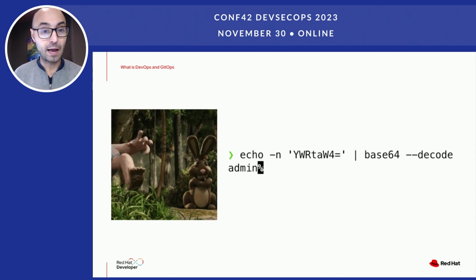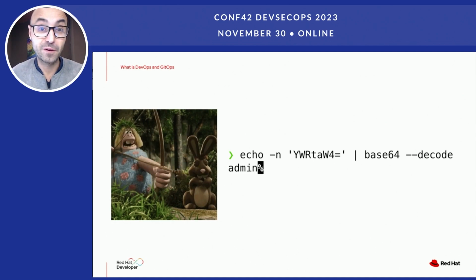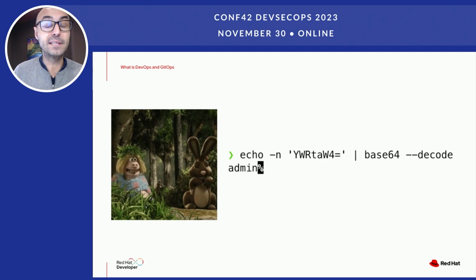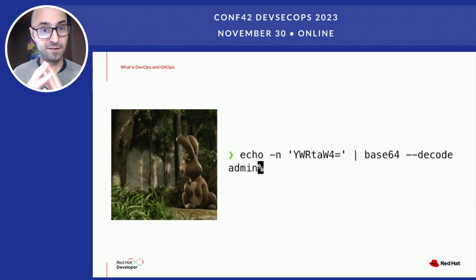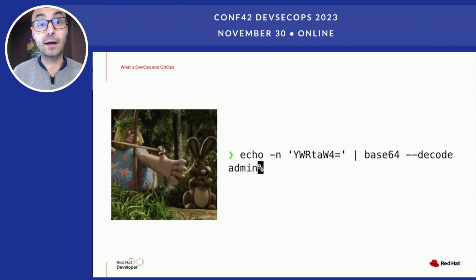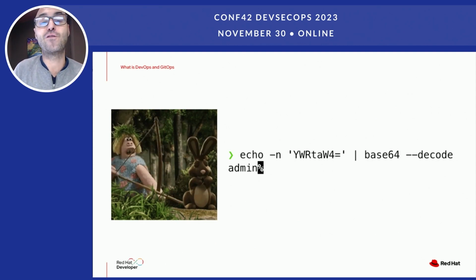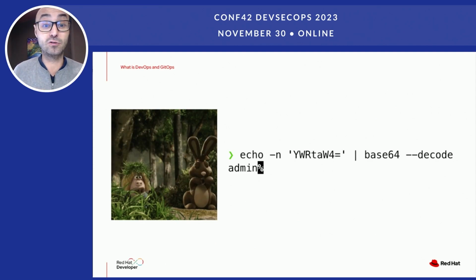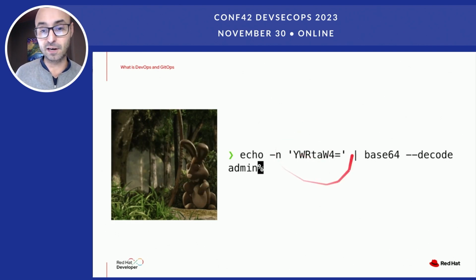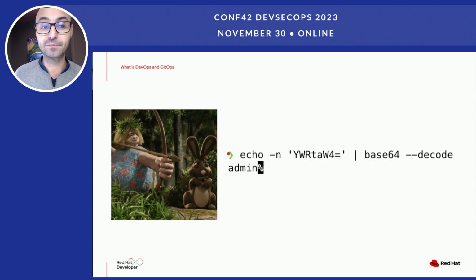So a Kubernetes secret is not created to be secret at all, right? Because base 64 is an encoding process and not an encryption process. So every time that we create a Kubernetes secret, what we are saving there is the base 64 of the secret. So anyone can just take this value, as you can see here, do base 64 minus decode and get the real value.